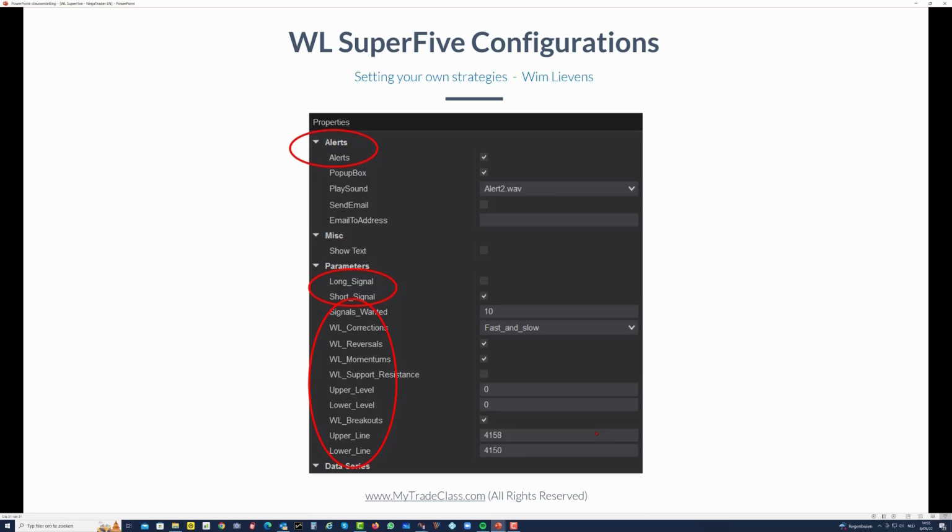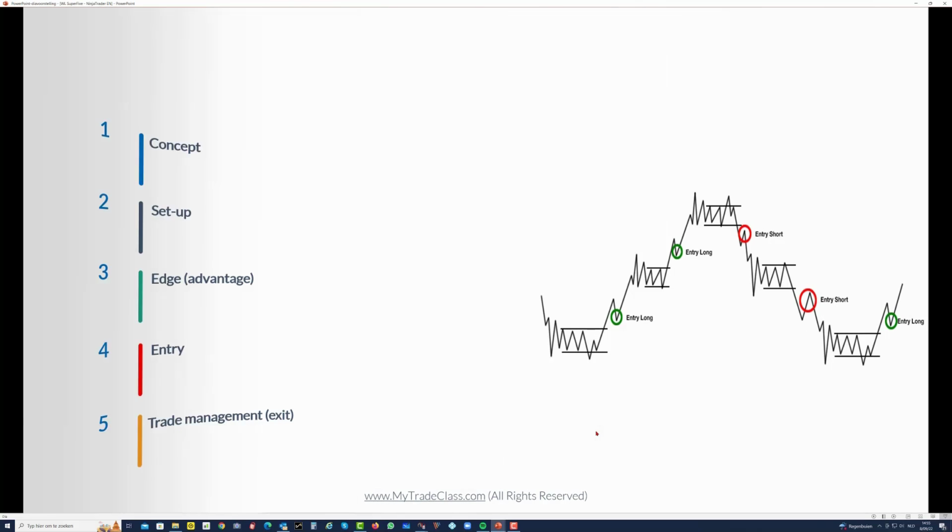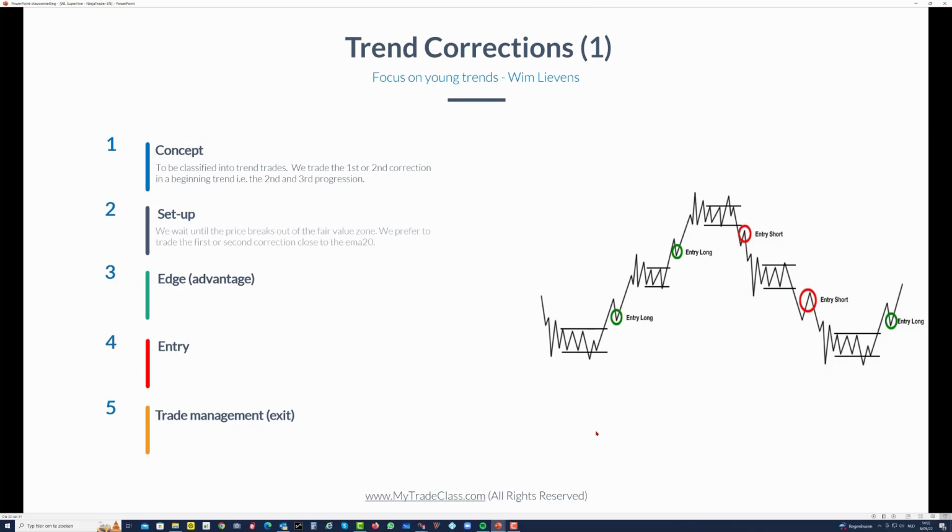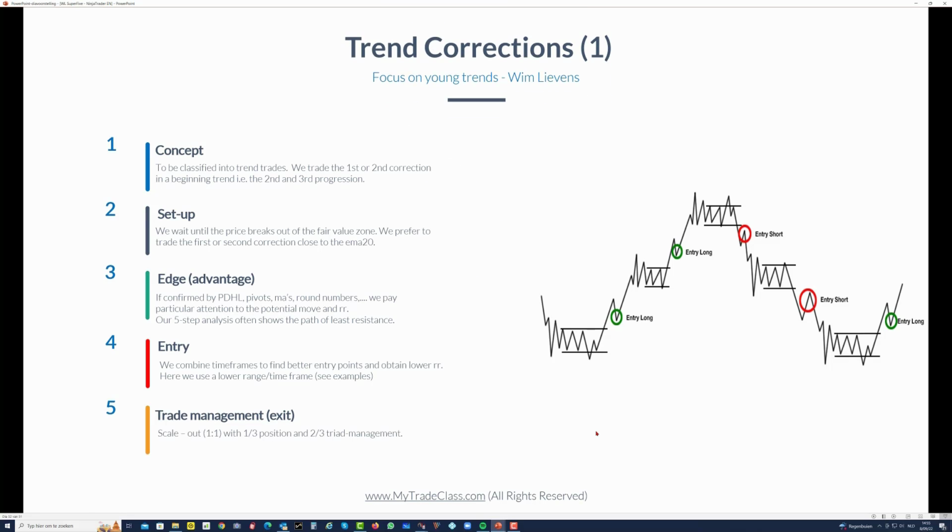But you will see the algorithms are very well made in the sense that they are quite selective.